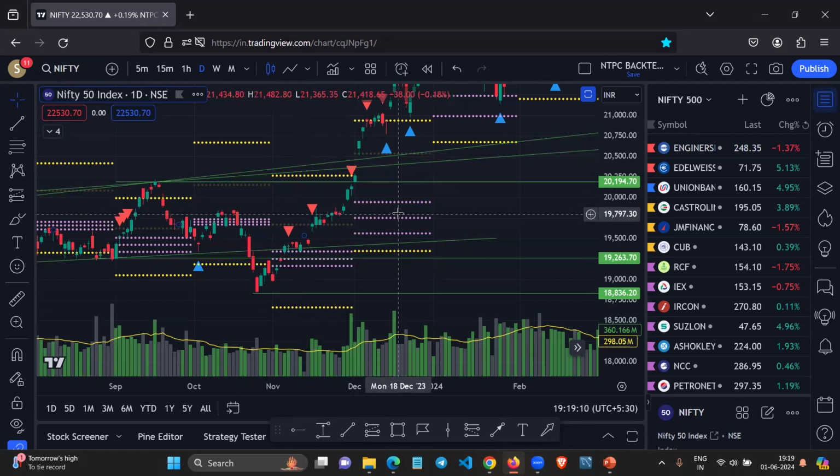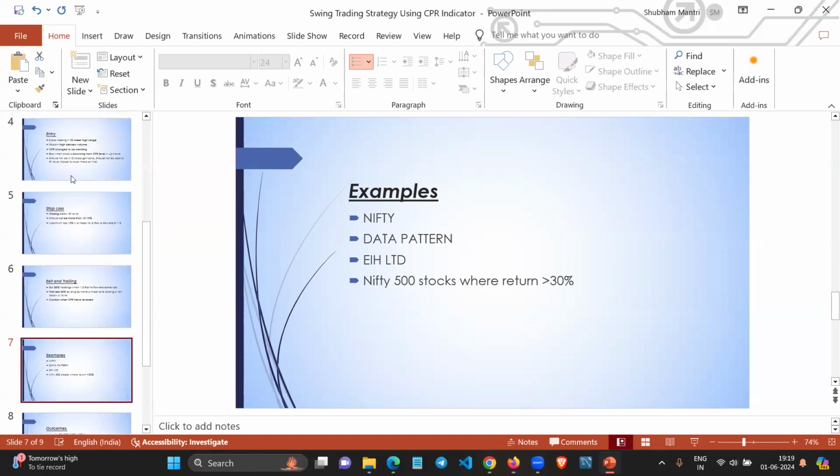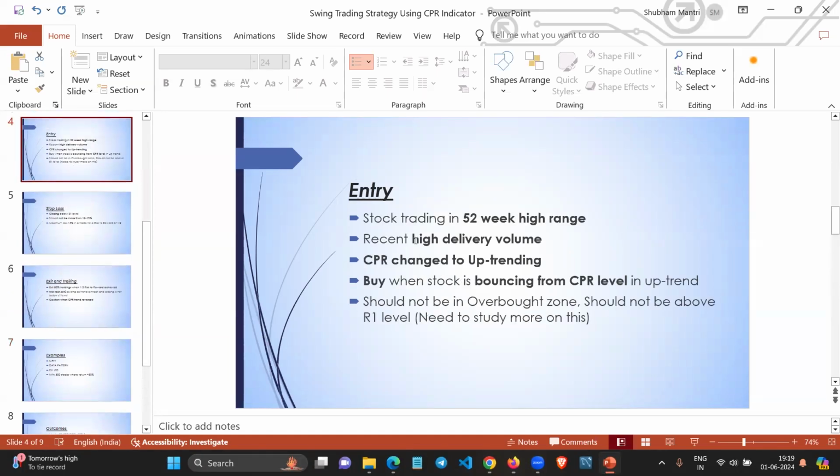So we can see in December month the CPR is in uptrend, right? So right now I'm showing an example in Nifty, so we can't see high delivery volume here. But we will buy when the stock is bouncing from the CPR level, okay?